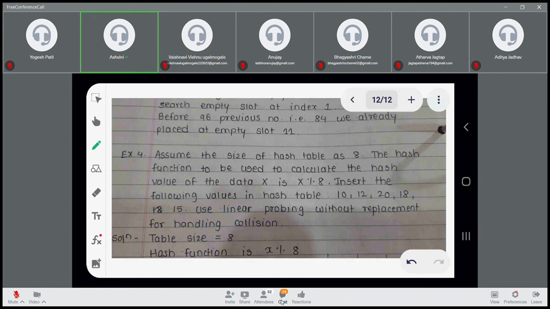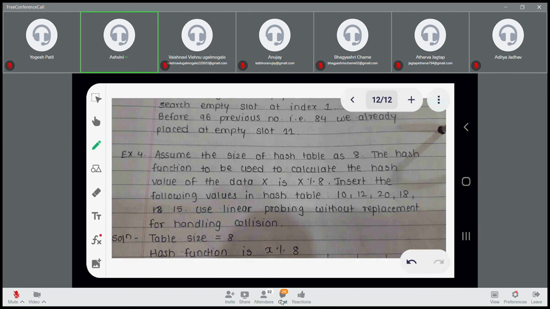Next is 18. 18 mod 8 is equal to 2. But again, slot 2 is not empty. So the next empty position for 18 is after 2. What is the next empty position? 3.